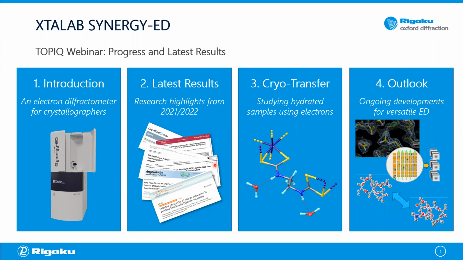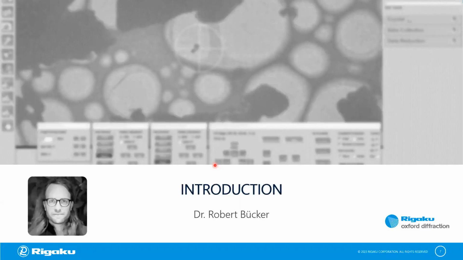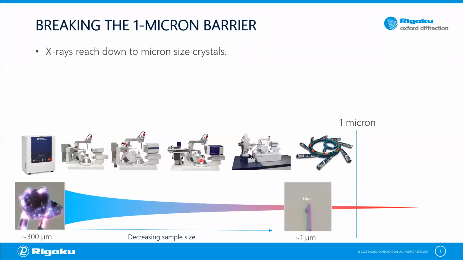So let's start with a bit of an introduction. Here you see our range of XtaLAB Synergy instruments, starting from a benchtop instrument all the way to a high-end custom instrument and an illustration of a synchrotron, which we're not building yet.